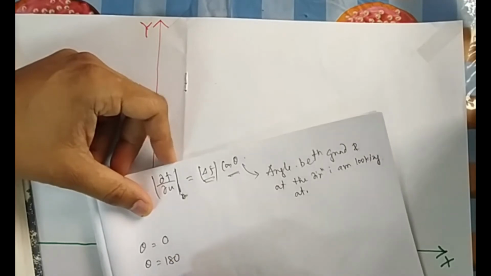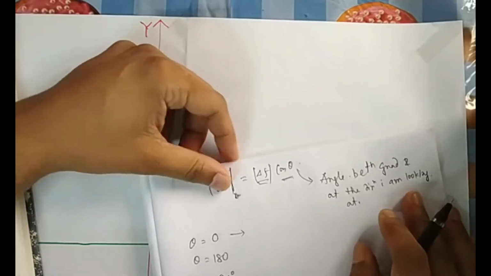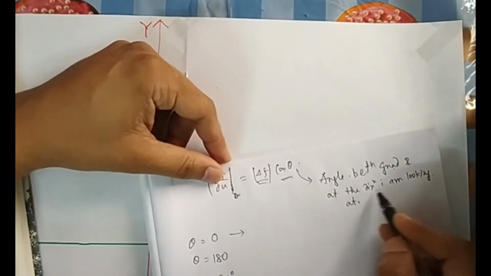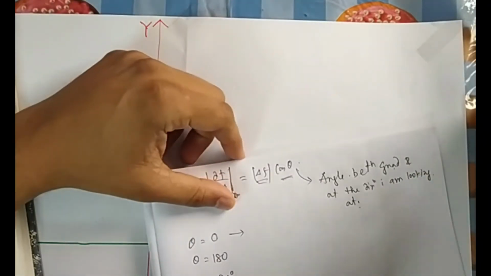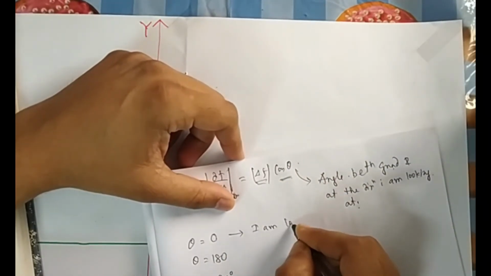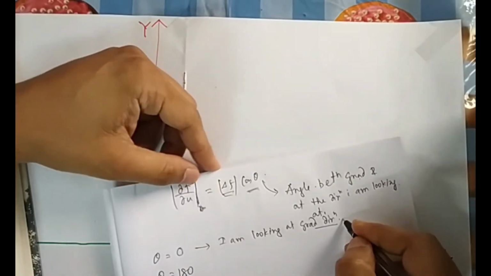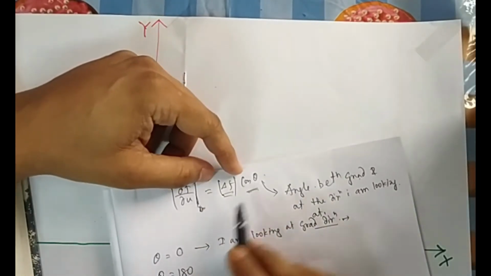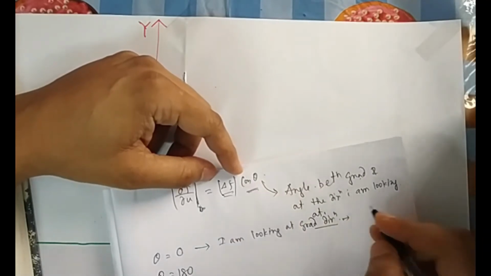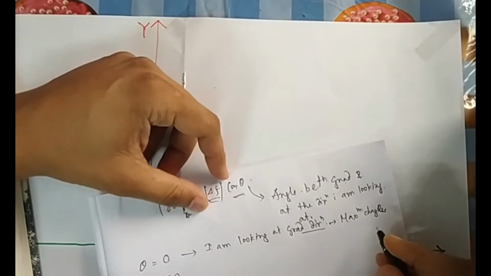Now let me draw some conclusions. Theta can be 90. If theta is 0, the angle between the gradient and the direction I am looking at is 0. That means I am looking in the gradient direction. Then cos theta attains its maximum value, that is 1. That means I will get maximum change in the function.